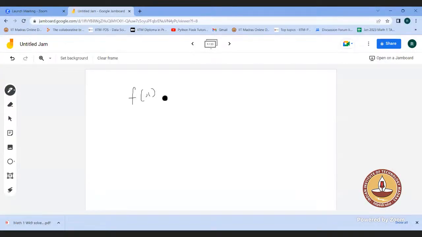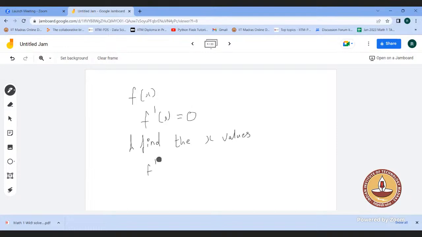Yes, sir. So the function f of x is given. First we have to find f dash of x, equate it to 0 and find the critical points, the x values, right? And then what we have to do?